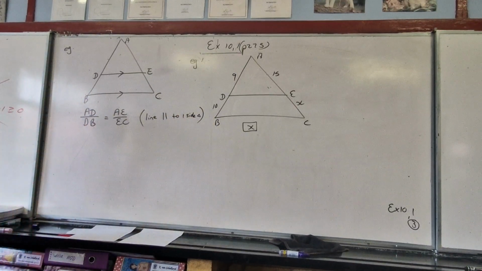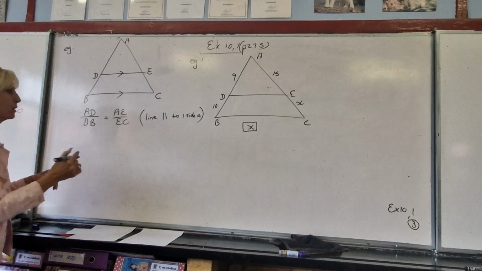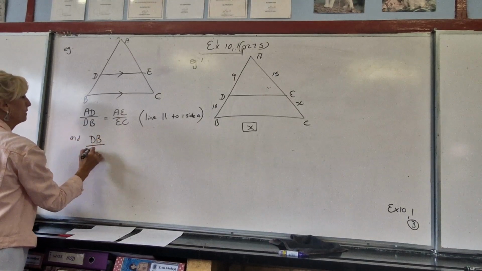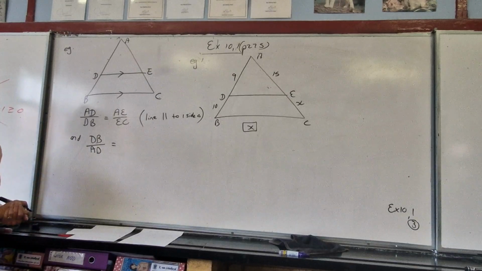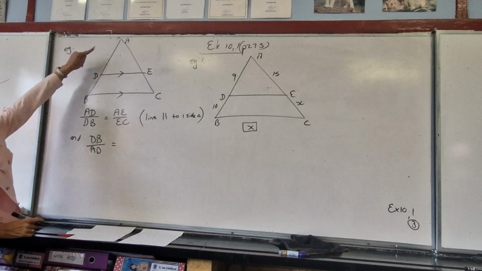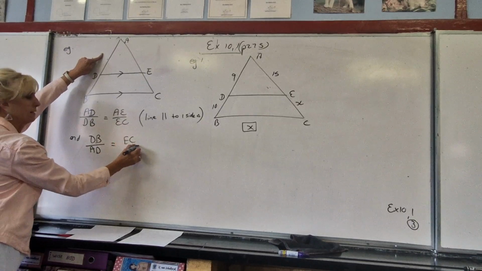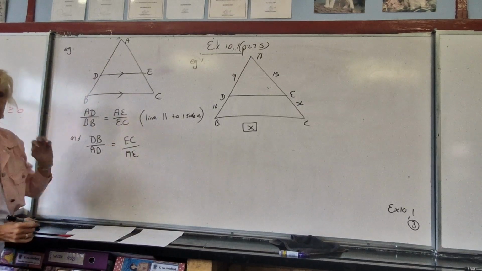But it can be taught, or asked, or required in many ways. I could have said DB over AD is the same as, follow me, DB over AD will be CE over EA, doesn't matter. Happy on that? For the same reason.